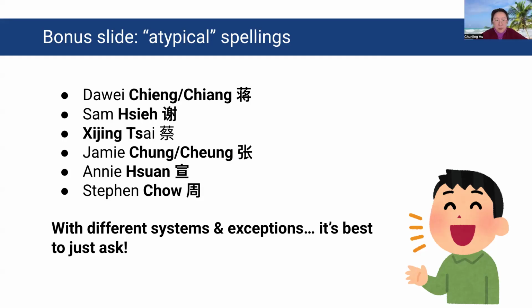Remember I said their Chinese character writings are traditional too. So the names from Taiwan and Hong Kong may have a different character writing, and the pinyin is a little different too. This is how they look in pinyin.